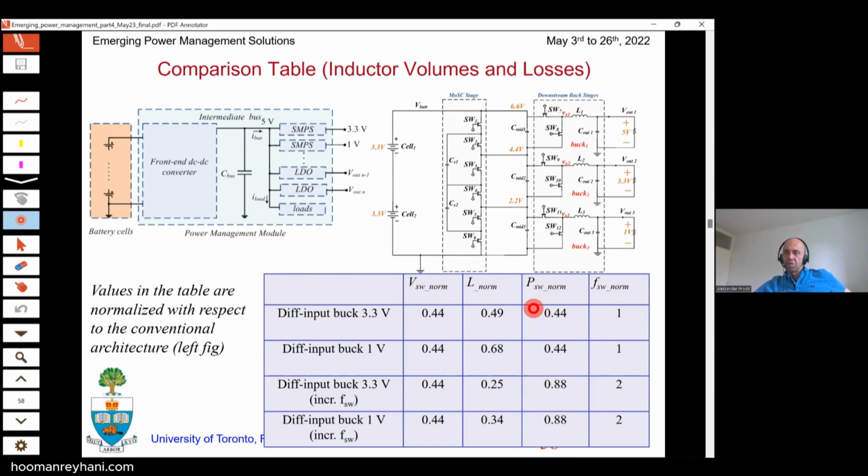So the nominal switching losses in this converter are now 88% if you double the frequency, compared to what we will be seeing in the conventional converter, and then the inductor reduces even further. Now it becomes just 25% of the original value compared to what we would be seeing for the conventional buck.